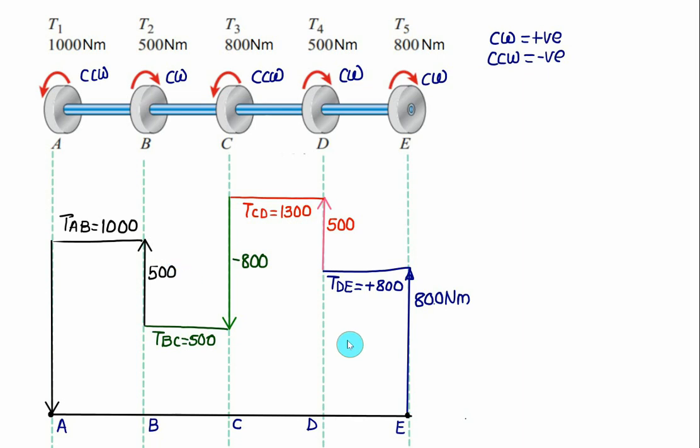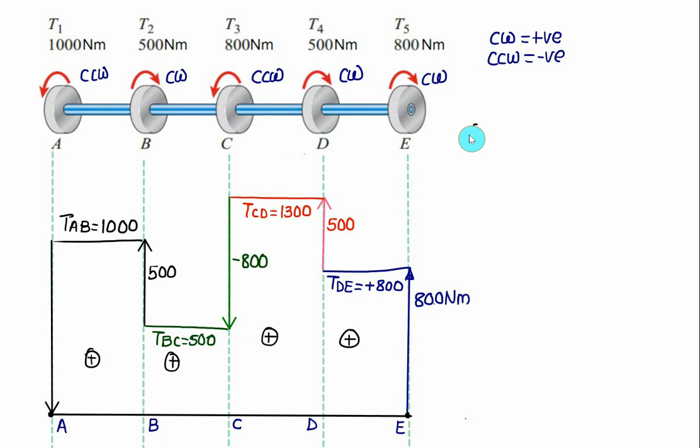Again here all the values of the torque are positive in all 4 segments, so we have theta value positive. These are the situations when either one end is fixed or both ends are free. That is called a statically determinate problem. So very easily we can develop the torque diagram. We know what the torque acting on each segment is.